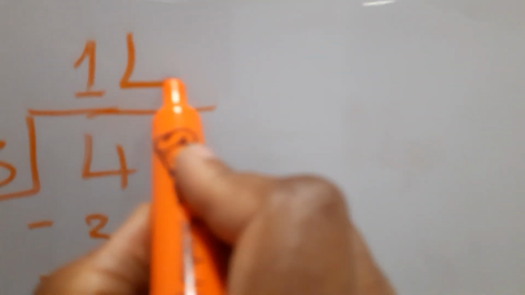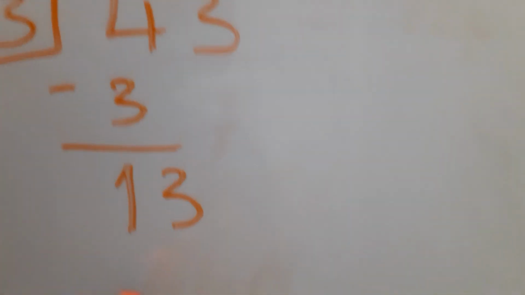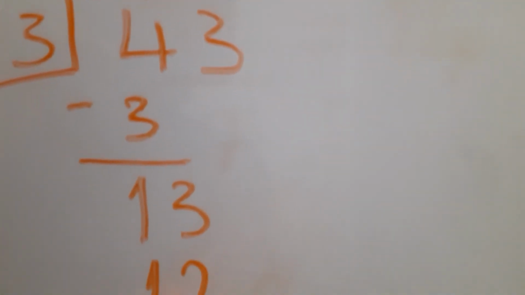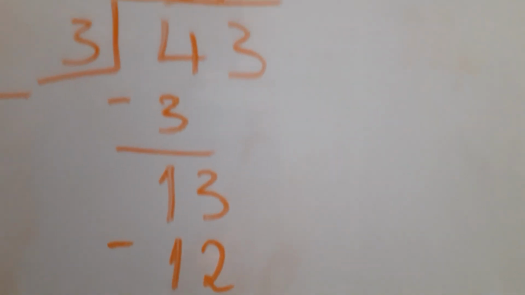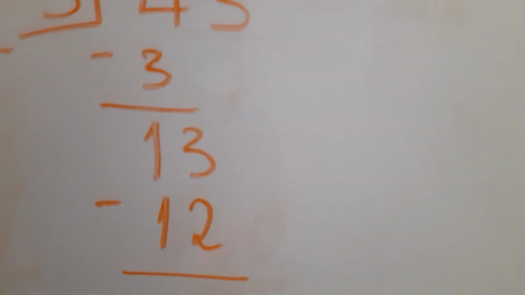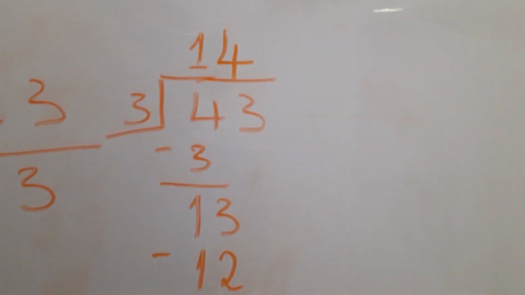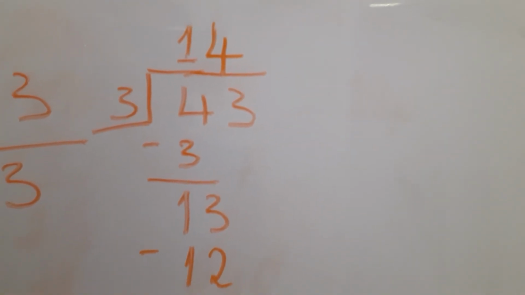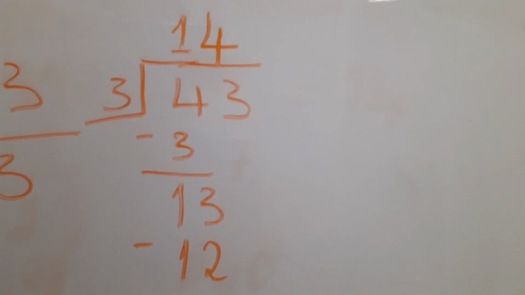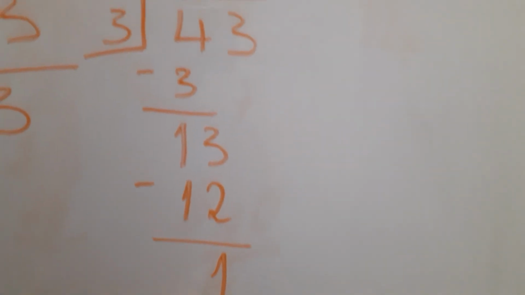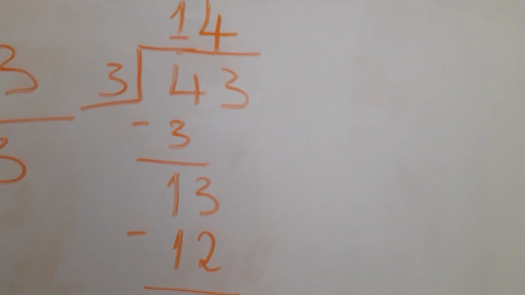So we have here 4, 12. 13 take away 12 is 1. So you can see that this is not perfect. So we have 43 divided by 3 will give us 14, remainder 1.